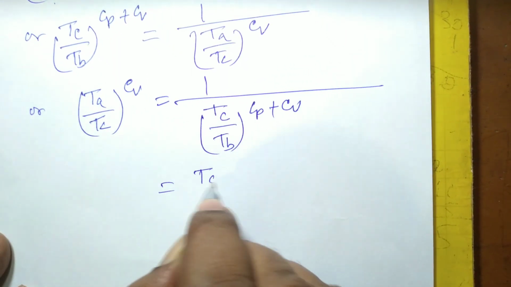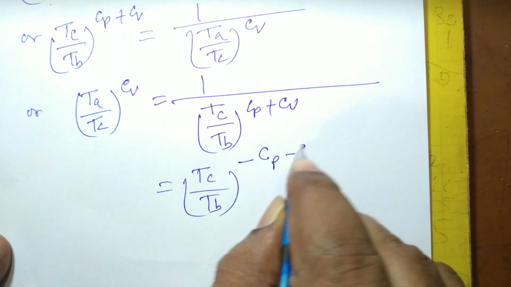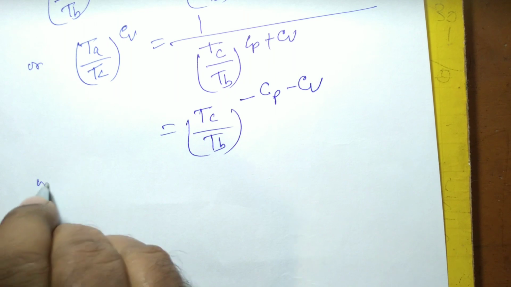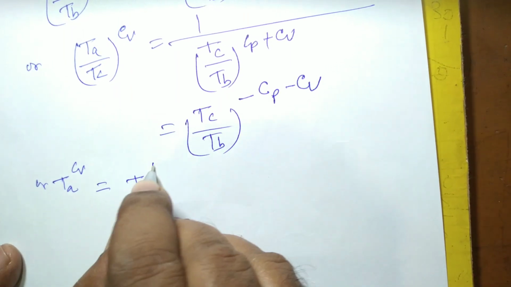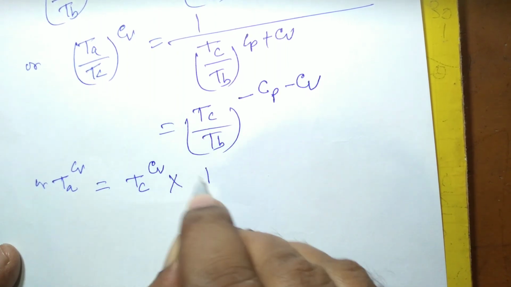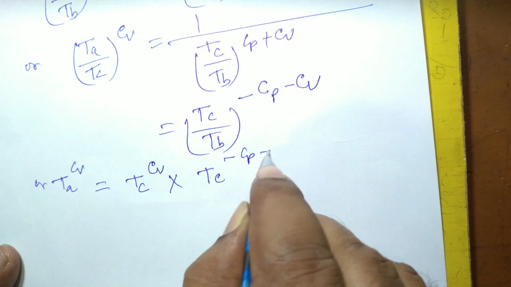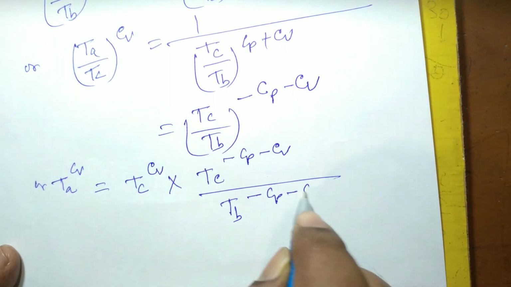This is equal to (Tc by Tb) to the power minus Cp minus Cb, or Ta to the power Cb is equal to Tc to the power Cb multiplied by Tc to the power minus Cp minus Cb divided by Tb to the power minus Cp minus Cb.